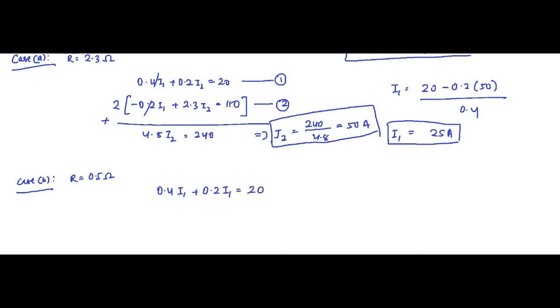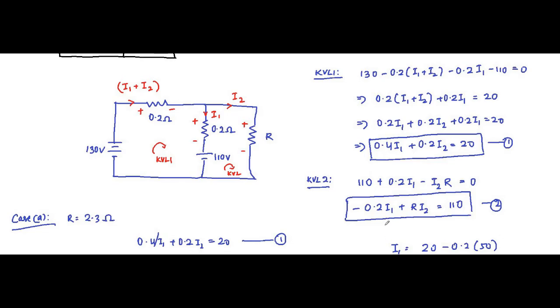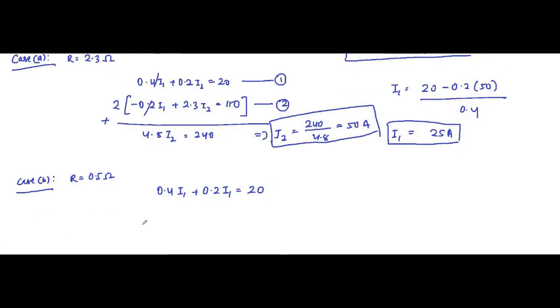That is equation 1 as it is. Then we write equation 2 substituting the value of R, that is minus 0.2 I1 plus 0.5 I2 equals 110.